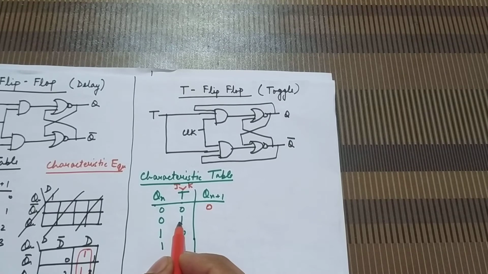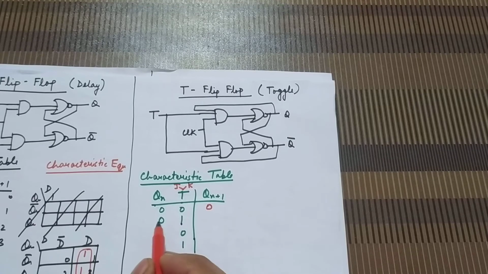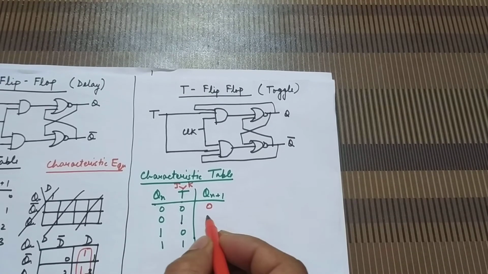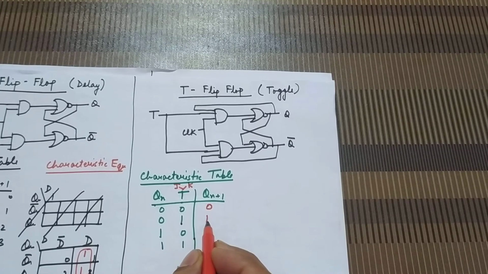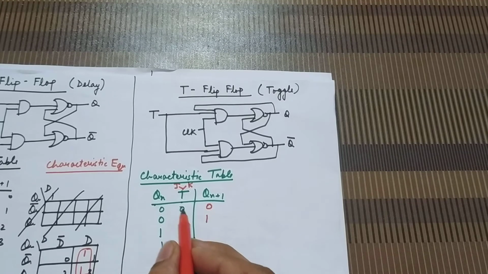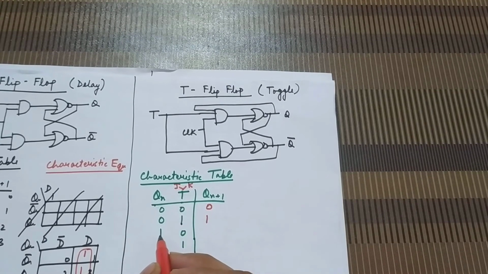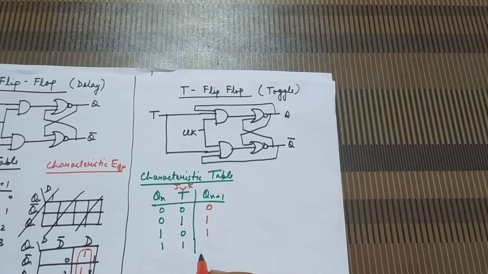The toggling condition will be there, so we will have the inverted form of the present state. Qn is 0, so the next state will be 1. And if T is equal to 0, again J equal to 0 and K equal to 0, if the present state is 1, the next state will also be 1.